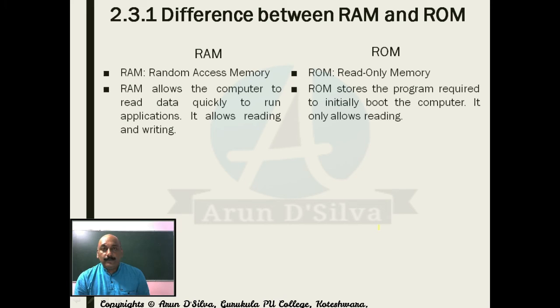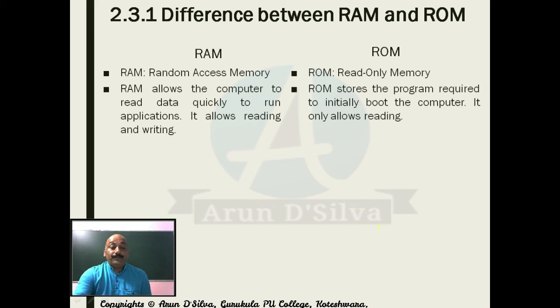Correct? So to execute any program or instruction, it allows reading quickly. Whereas ROM stores the program required to initially boot the computer, and it allows only reading. It will not allow updating or writing.